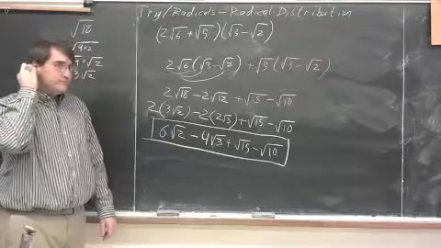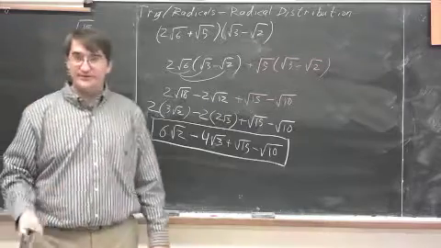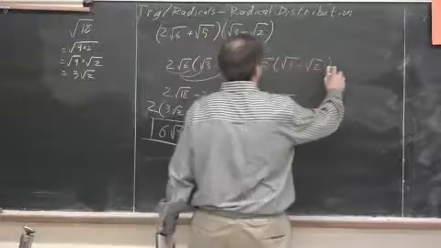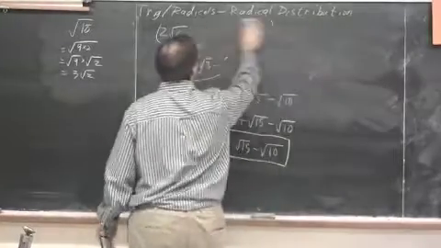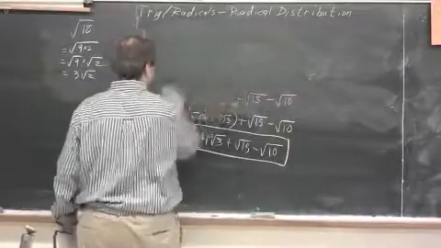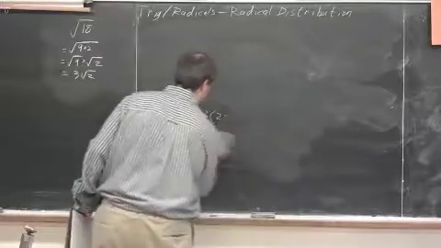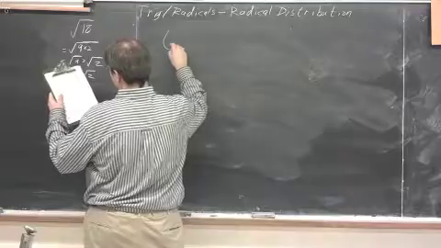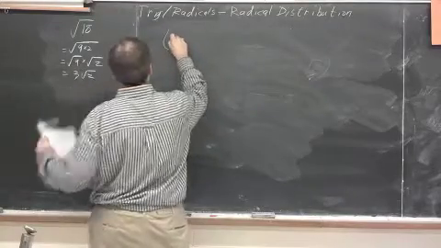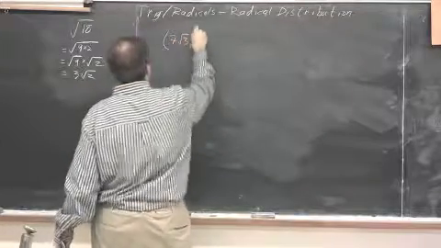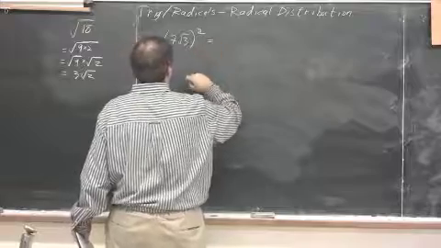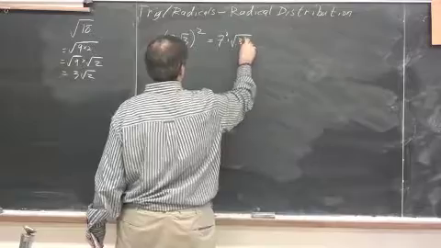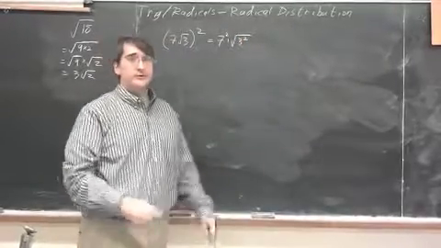Just a quick warning and a reminder about squaring things. While it is true that the square of 7 root 3 is equal to 7 squared times the square root of 3 squared, do not overgeneralize this.